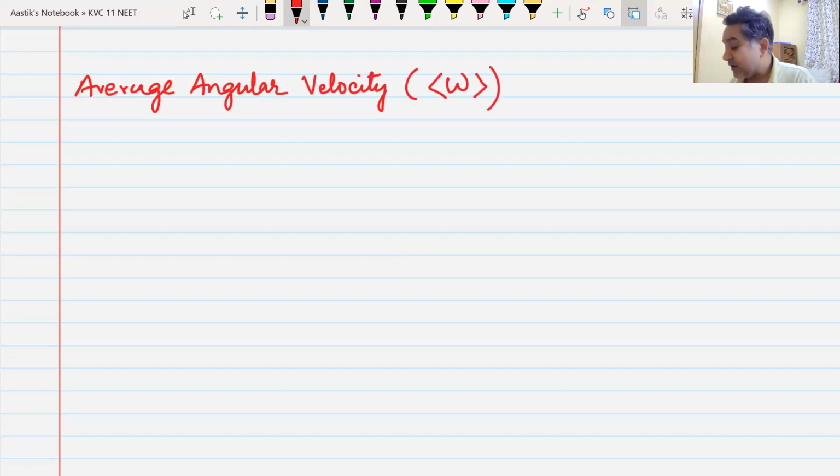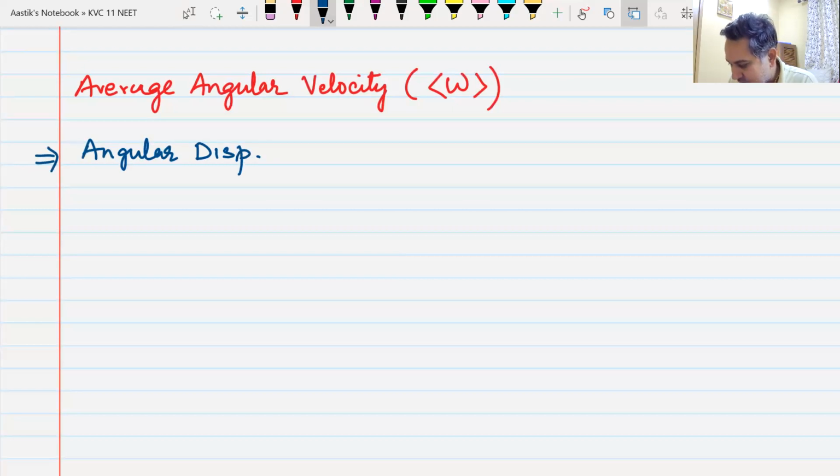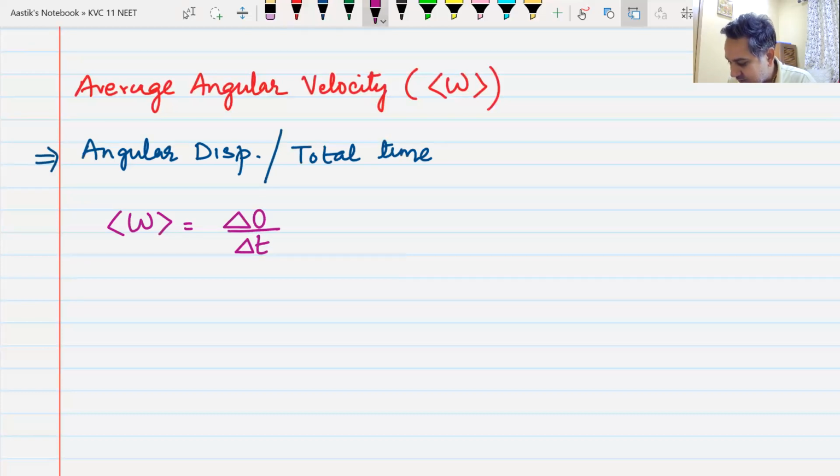Omega in a dabba. What is this average angular velocity? It is angular displacement divided by total time. So I can write average angular velocity as delta theta by delta t.